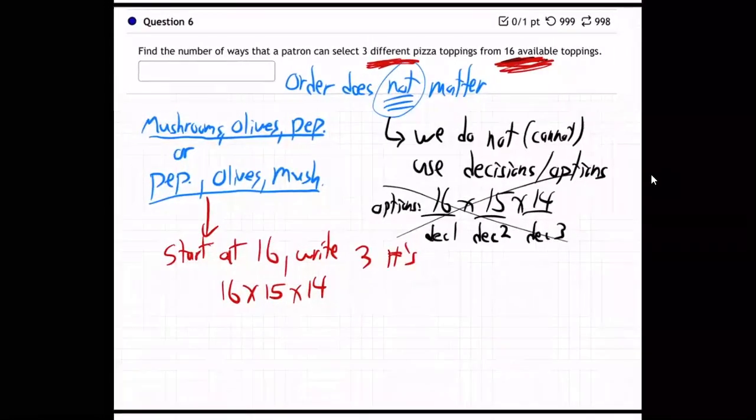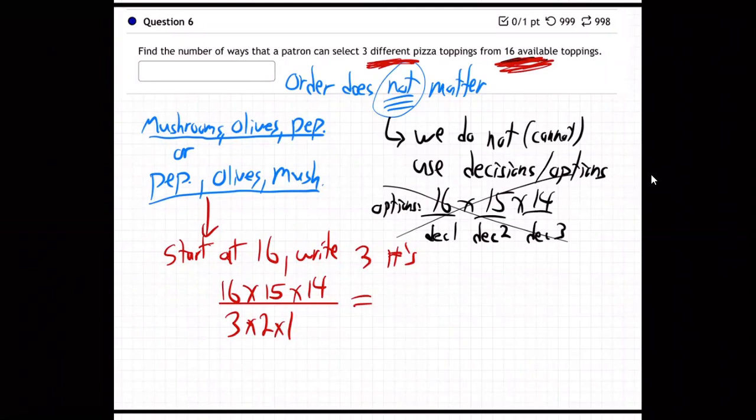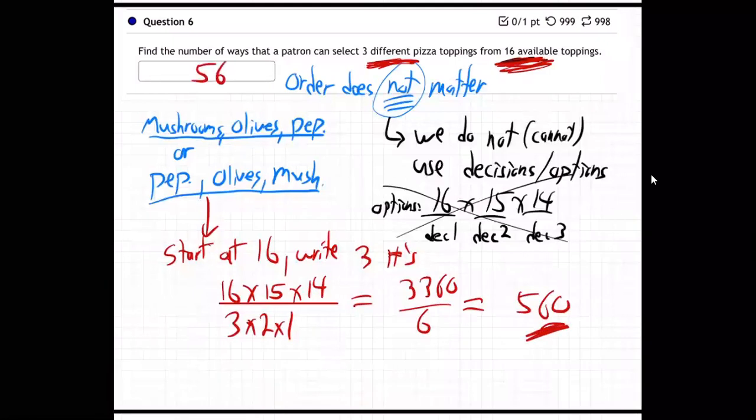That's what it's saying in the notes. And you put that over 3 times 2 times 1. Hit the buttons on your calculator. I'm getting 3360 over 6, and 560 is the answer.